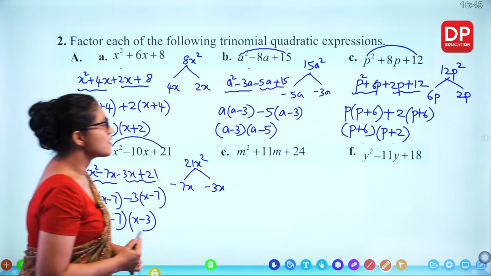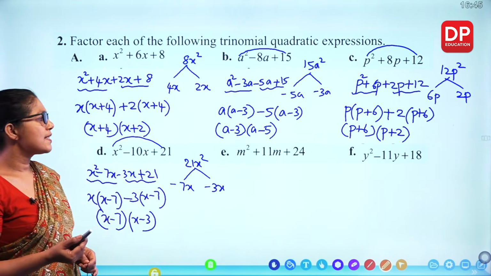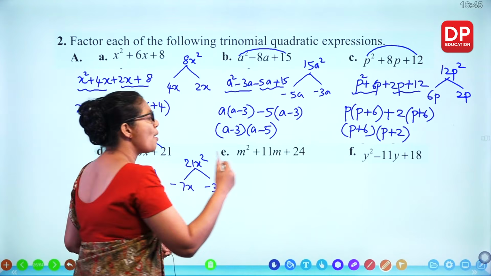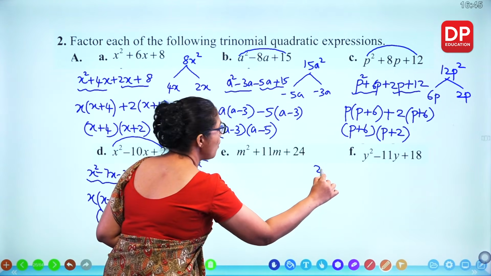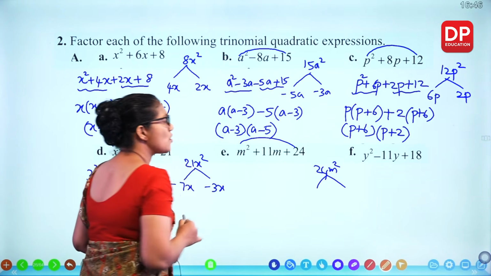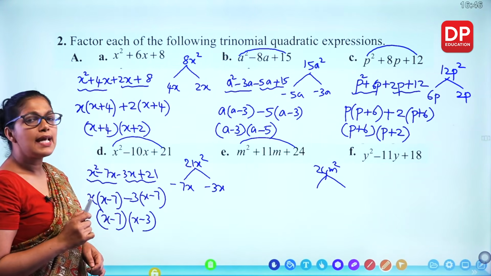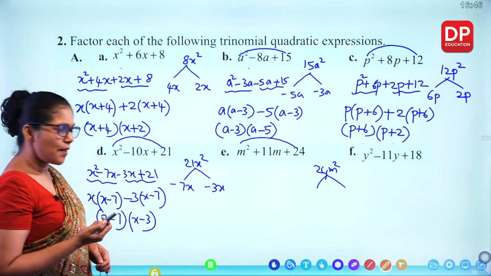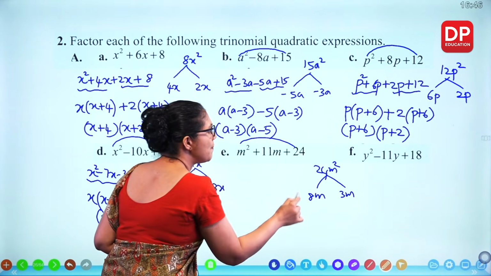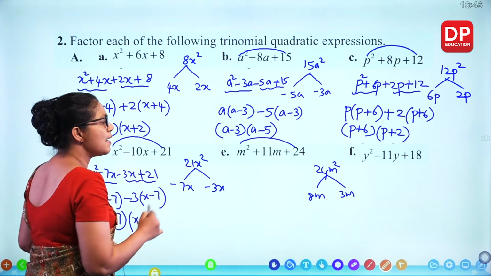Now we'll take the next one. The last one is positive, the middle term is also positive. So that means the factors are also positive. So 24m squared. What are the factors of 24 to get 11? 8 times 3. So 8m and 3m, both should be positive because the middle term is positive.